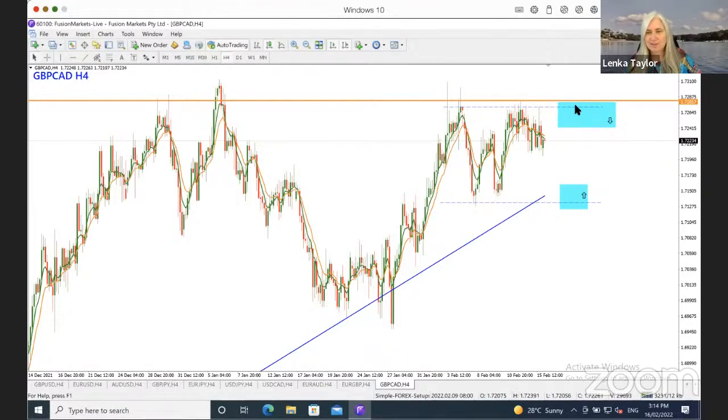So you want the price to be as high as possible. And also if you're going for 1 to 2 risk to reward ratio, if you had the stop loss quite short there, then there's only enough room for 1 to 1 risk to reward ratio.